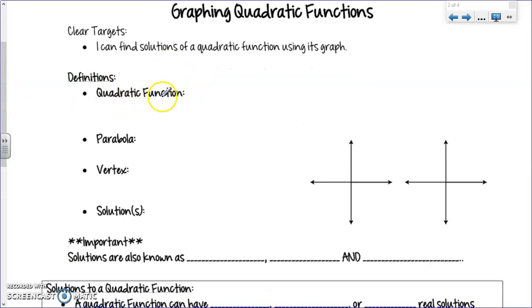All right, quadratic functions we know have a degree of 2. Okay, the parabola is a U-shaped graph, so it can go up or it can go down. The vertex is the turning point.